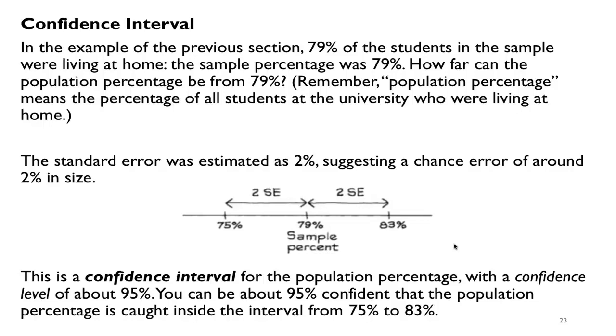So again, we use the sample percentage and the SE percentage, add and subtract 2 SE, left and right of the sample percentage, and that interval is the 95% confidence interval that tells us how confident we are to catch the actual population. Remember, the sample percentage is an approximation, so we want to know how to figure out approximately where the population percentage is based on the sample percentage.